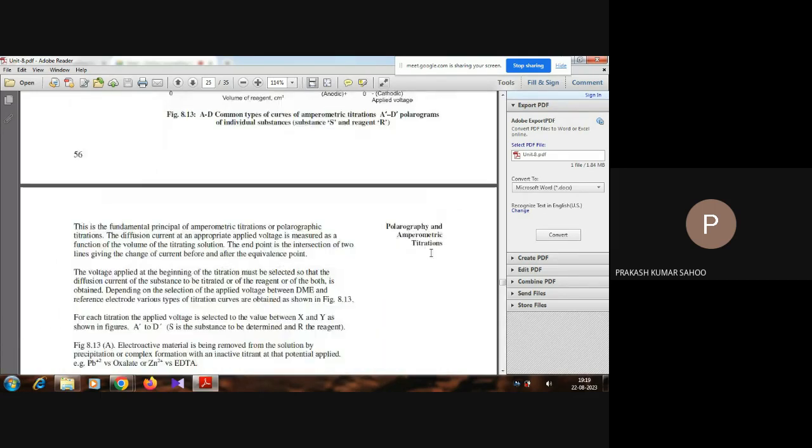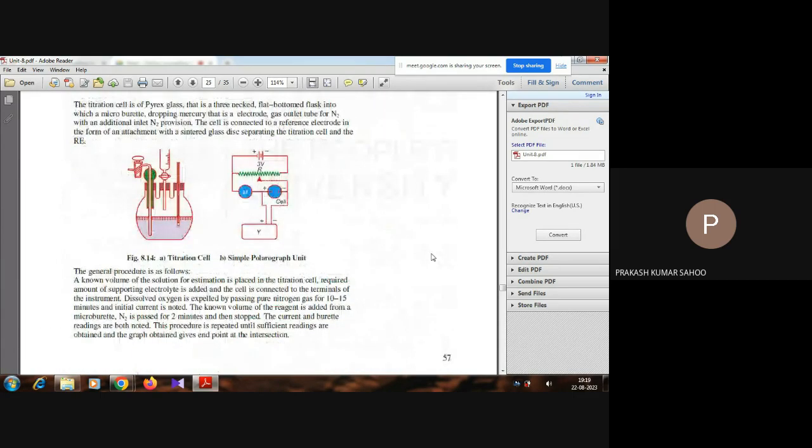Okay, then we have the titration cell, which is just like this. This is the amperometric cell, and this is just a polarograph unit. Like your cell, there are 3 electrodes connected to a circuit, followed by one recorder. Then one monitor is here, and a computer is attached.